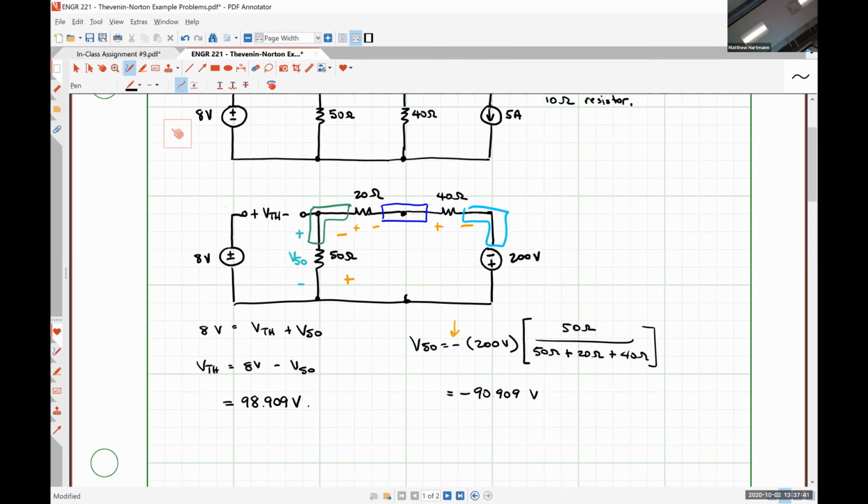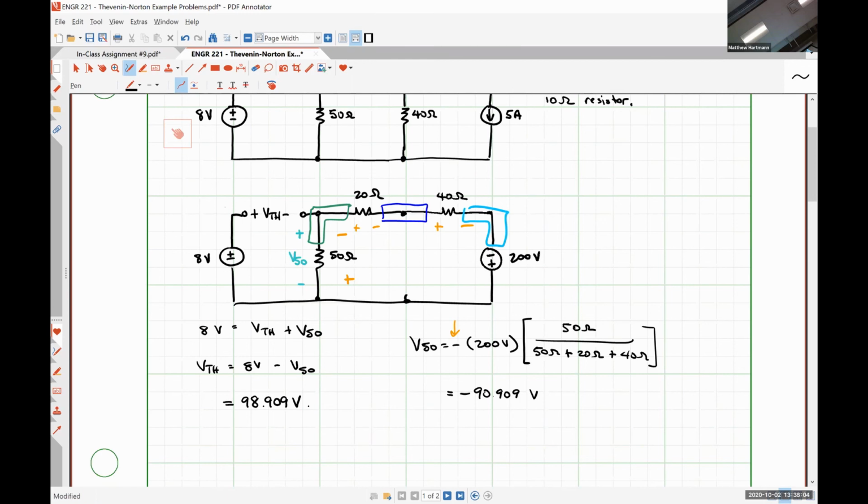Now in this particular circuit, we did a source transformation on the suggestion of Mr. Carrick over there. And then we wound up using voltage division and then Kirchhoff's voltage law in order to find our Thevenin voltage. That's not going to work for every circuit.